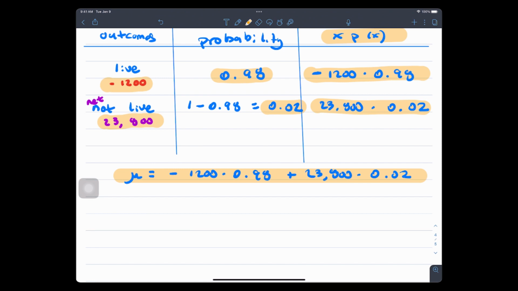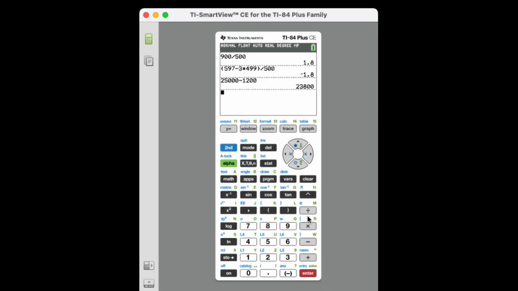This is your expected value. So let's find this out. Let's see what this is. Let's go to the TI. Remember, where's your negative sign? It's down here. Is that right? That's a negative sign.